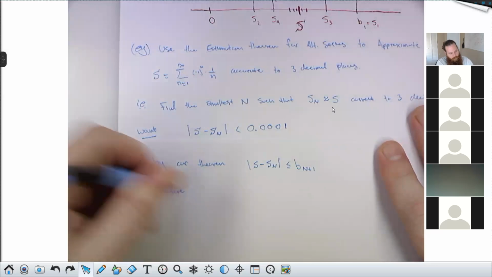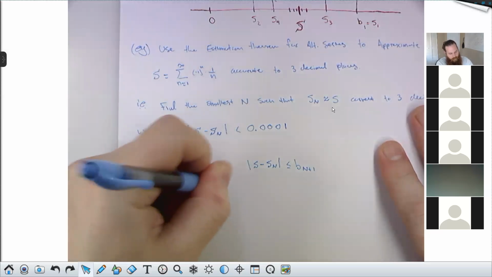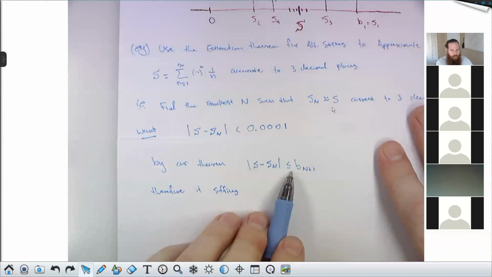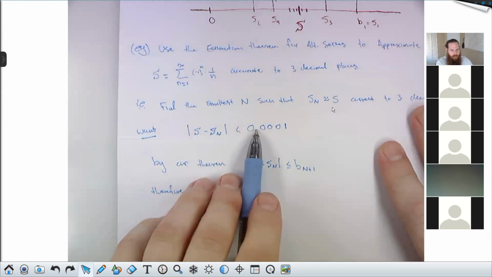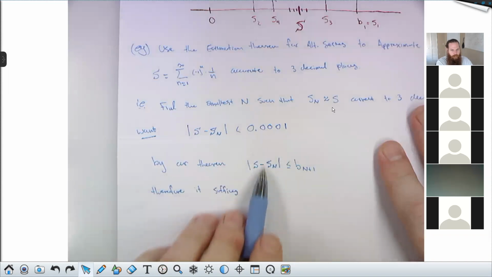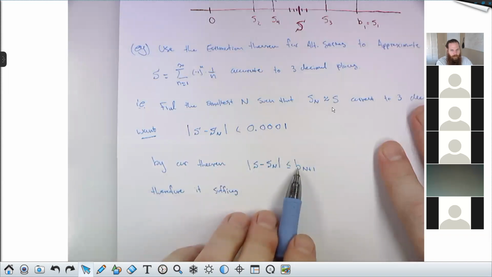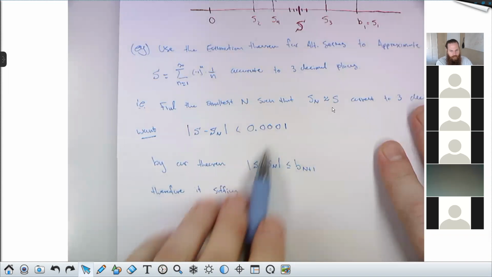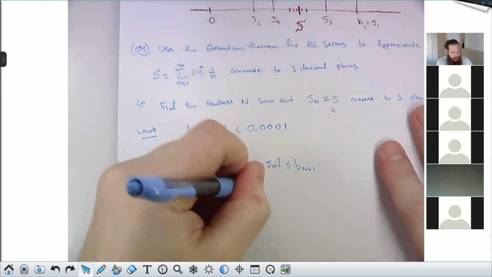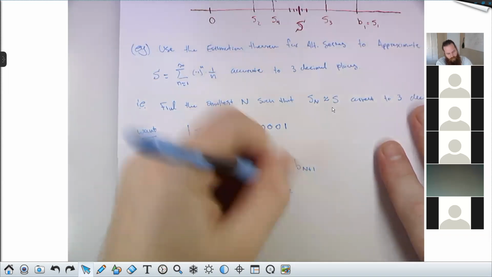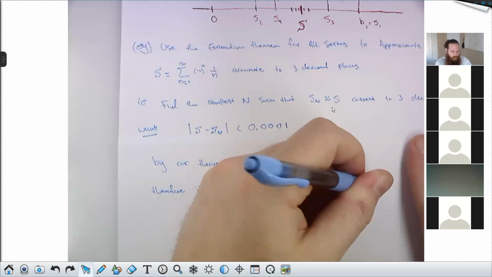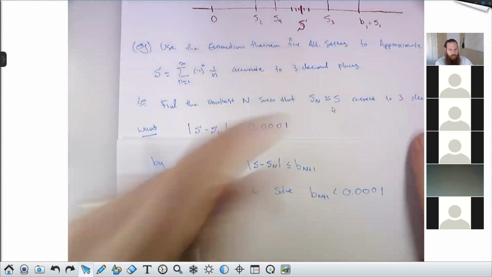Therefore, it suffices if I know that this is smaller than this, and I want this smaller than this, I can just solve this is smaller than this. All right? If Billy is shorter than Sammy, and Sammy is shorter than Sally, then Billy is shorter than Sally. It suffices to solve this inequality.